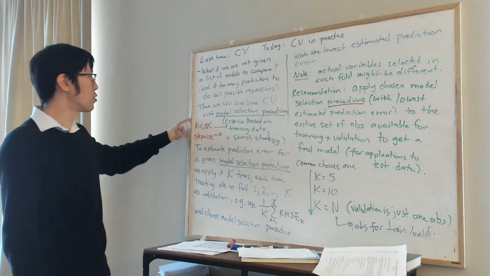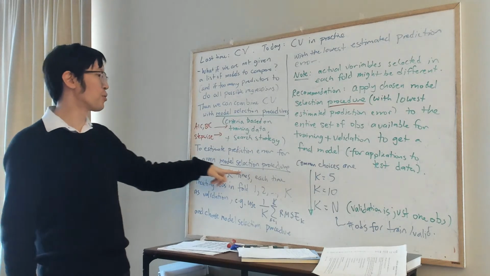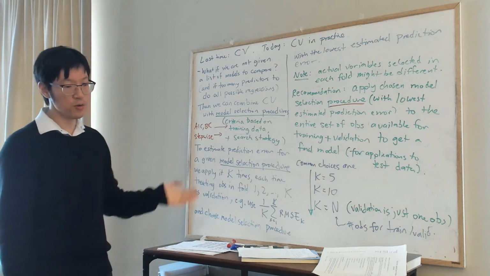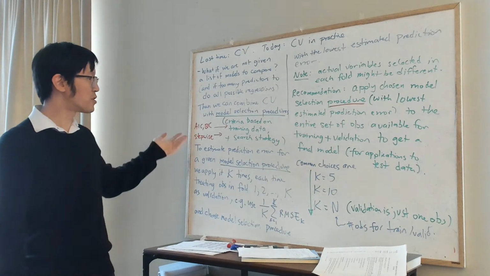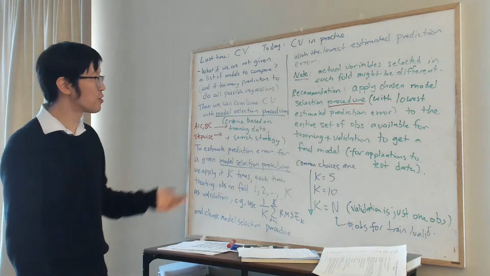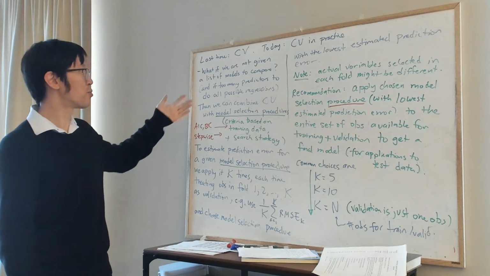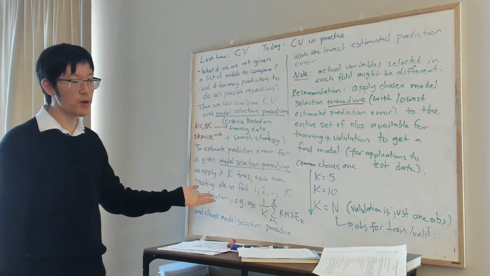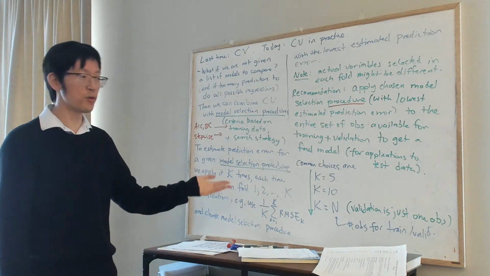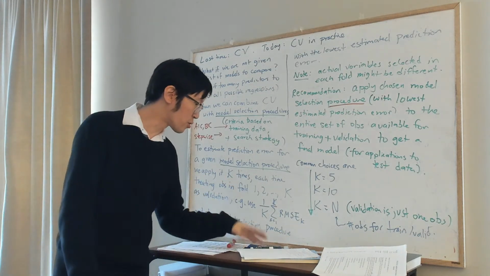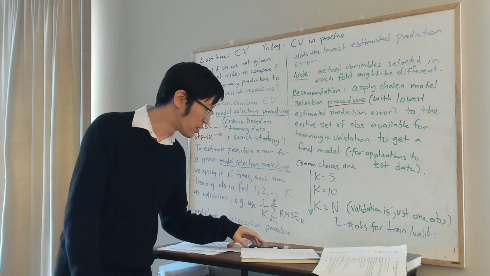So you could change these two components to come up with different model selection procedures, and then choose the one that's best. For example, if stepwise with BIC does the best on the cross-validation, we can then apply that to the entire data set to come up with a final model to use for future prediction. That's the key idea here.